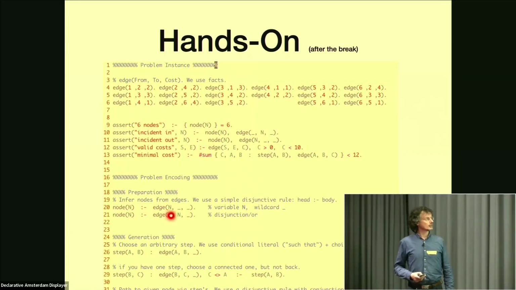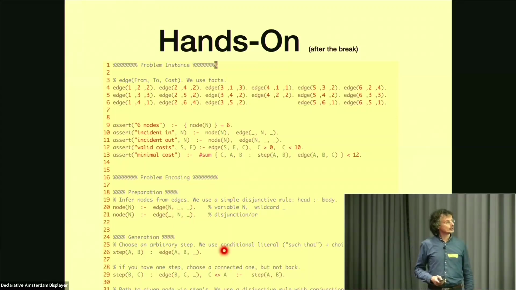But if this edge is here in the incoming part of the edge declaration, then there's also node n. This might lead to some duplicates, of course, but I don't really care because, well, it's logic. And this is a disjunction because I mentioned here node n and node n. There's 2 times exactly the same head, which means that these are basically, but this is an OR.